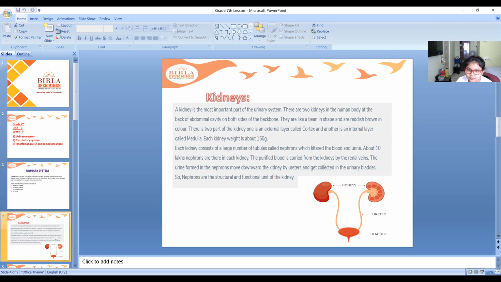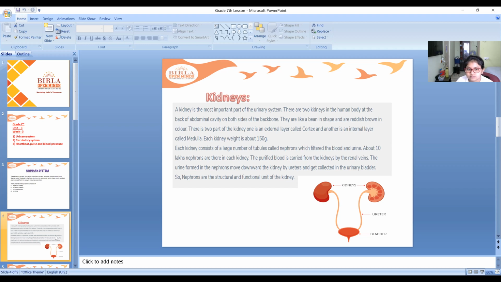So the kidneys help in excreting the liquid waste out of the body. As we have already discussed, the solid waste is excreted out through the organs called rectum and anus.